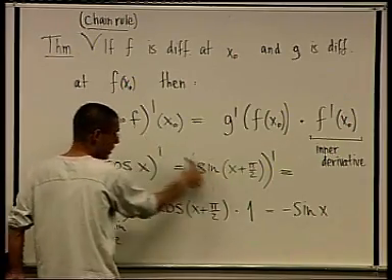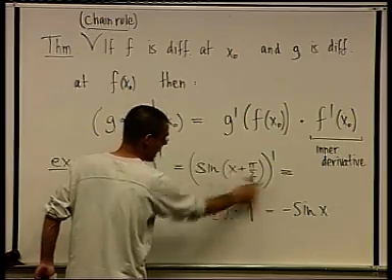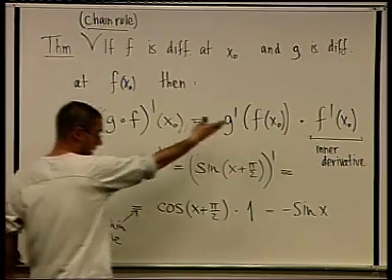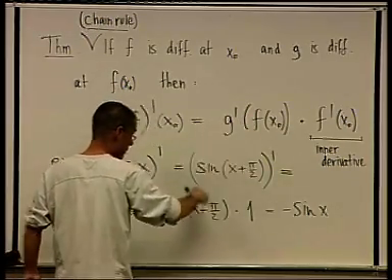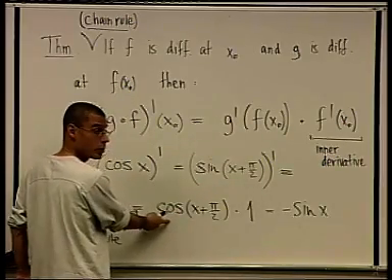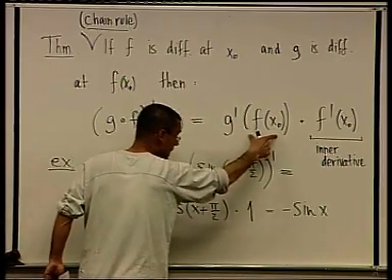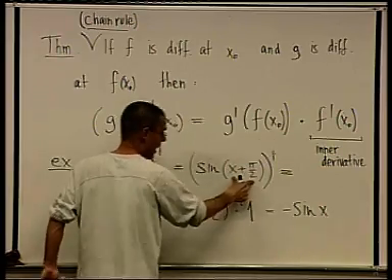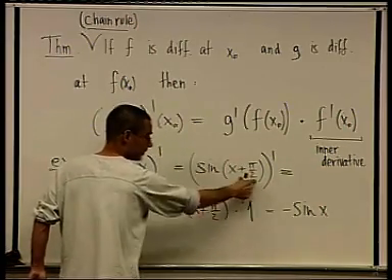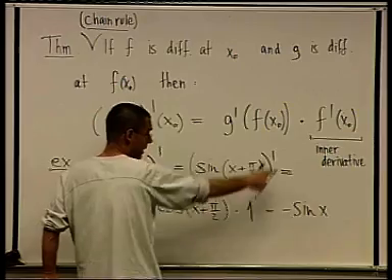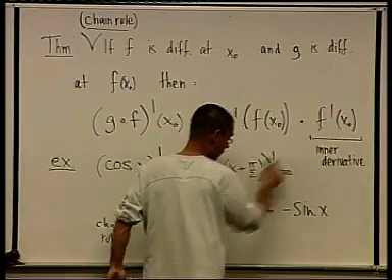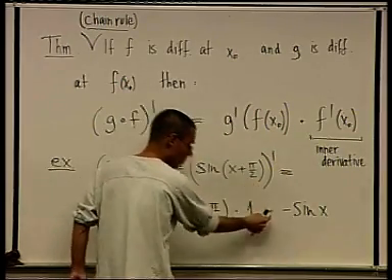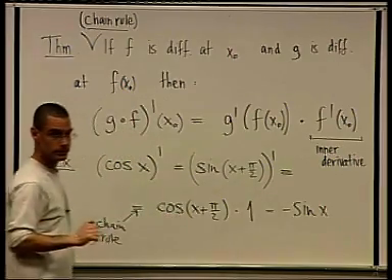The inner function, the f, is x plus pi over 2. By this rule, you have to take the derivative of g, which is just cosine, evaluated not at x, but at f of x, multiply it by the derivative of the inner function, 1. Good?